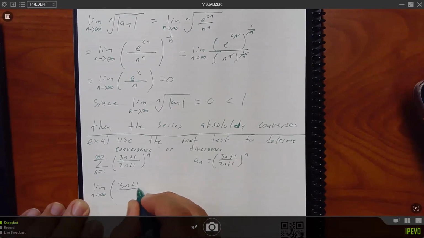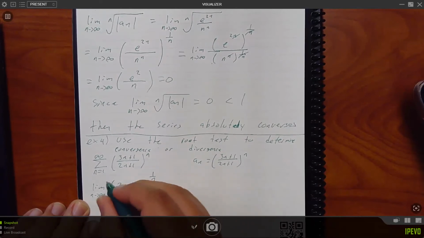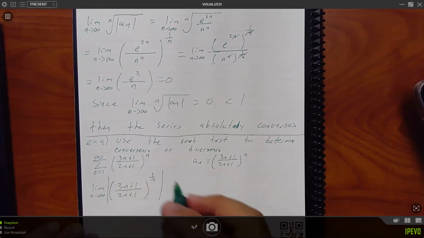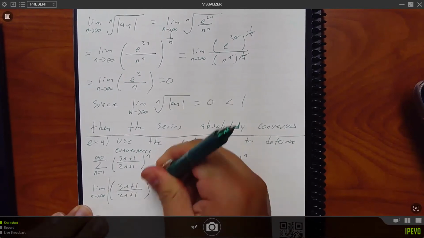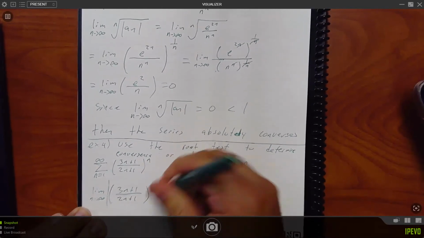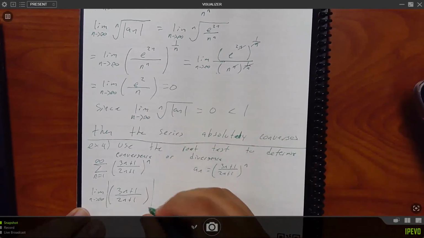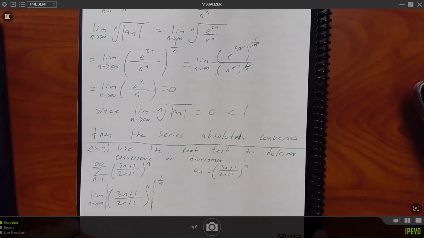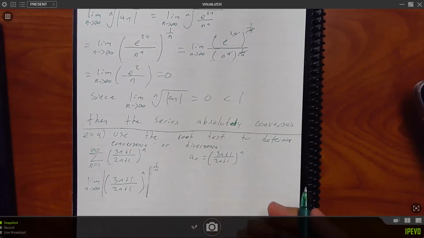You know what I mean? So these will cancel, and absolute value is not going to do anything.